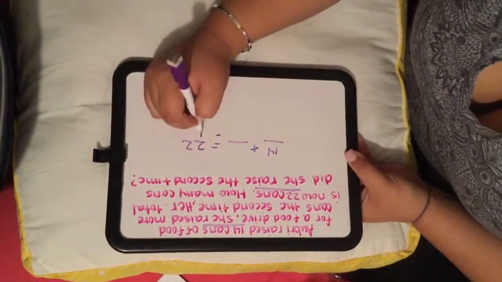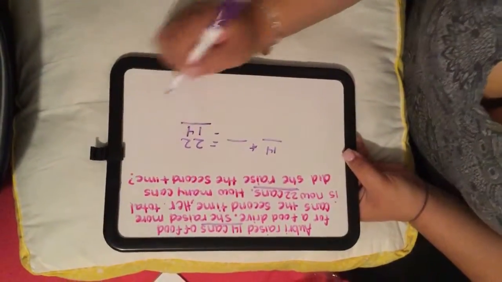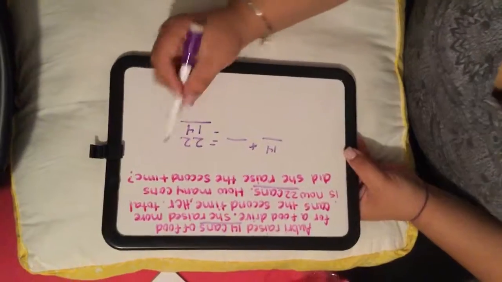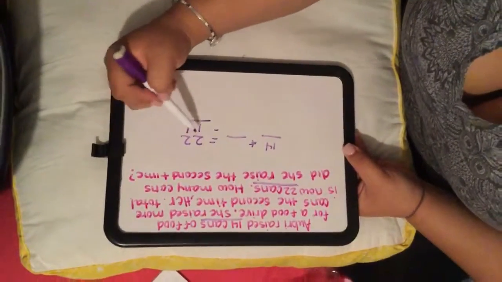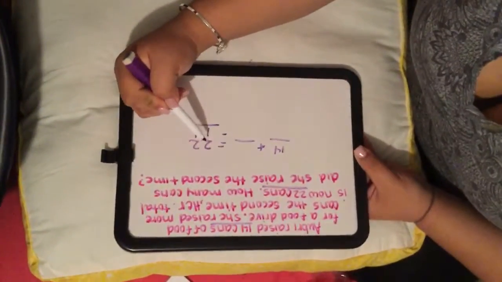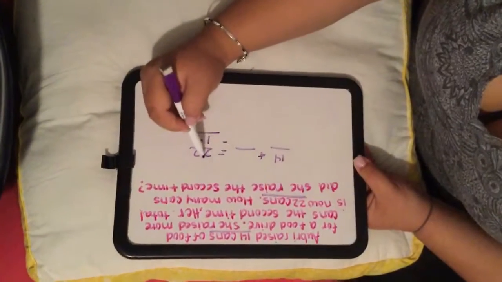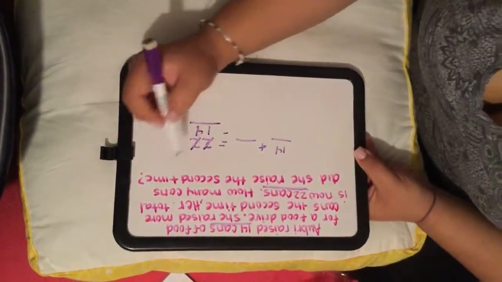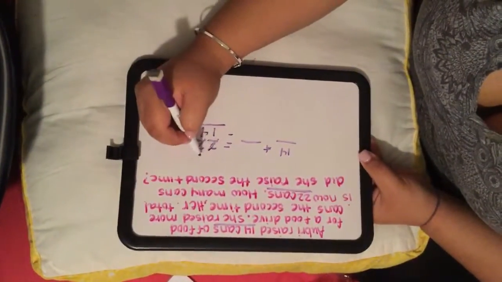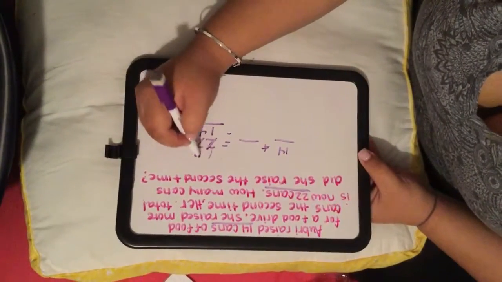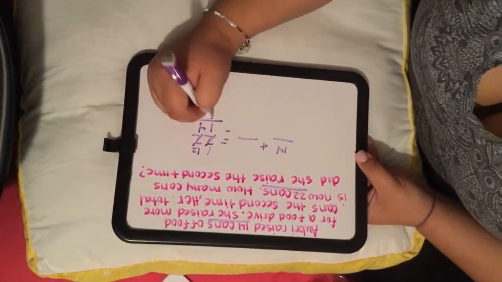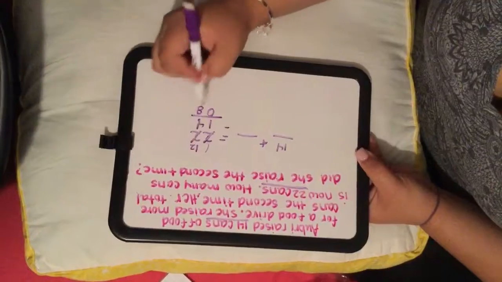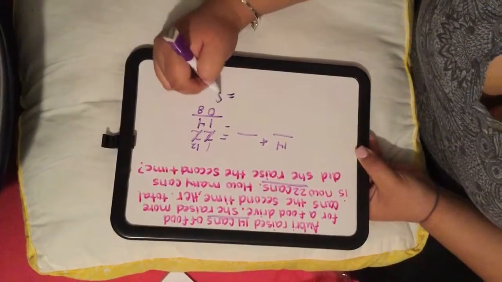So we can go on this side. And then it's called regrouping because we're going to have to regroup. We're going to have to borrow, but we don't want to use that word. So we're just going to regroup. So our total is 8 cans.